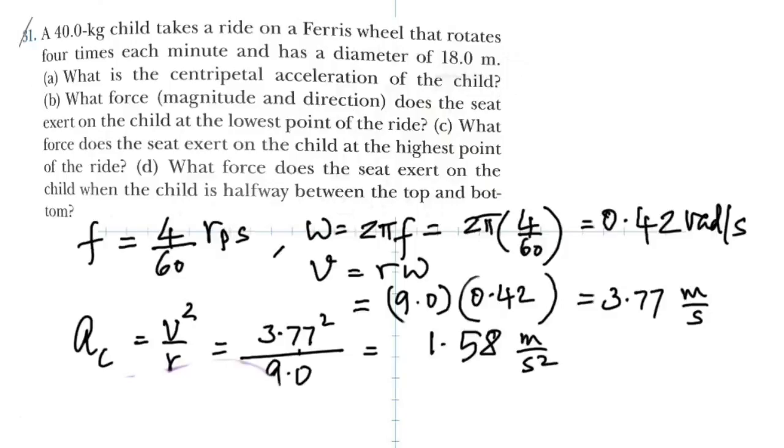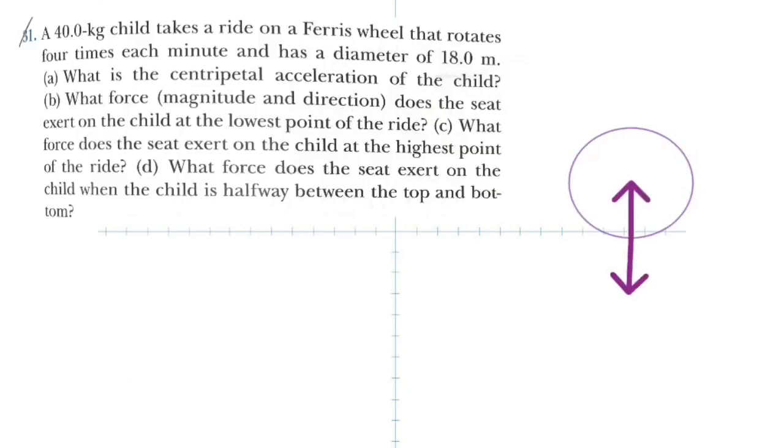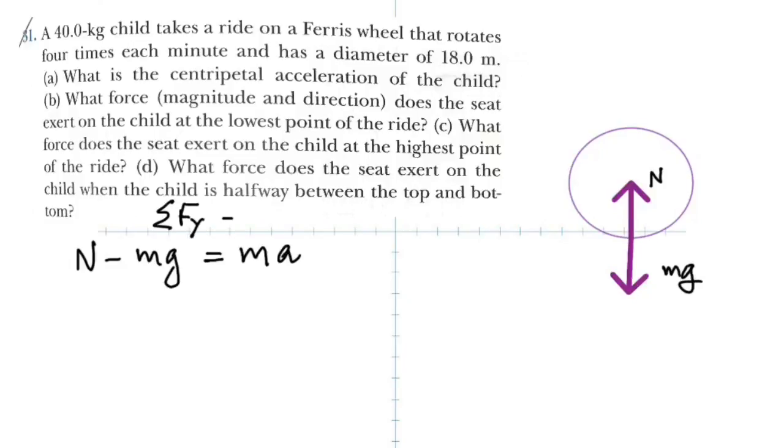The next part is, what force does the seat exert on the child at the lowest point of the ride? At the lowest point, the forces acting are the weight, mg, down, and the normal force up, and the net force is N minus mg, because N is positive, mg is negative. That should be equal to mass times acceleration.